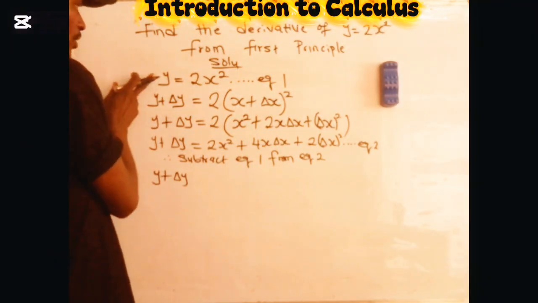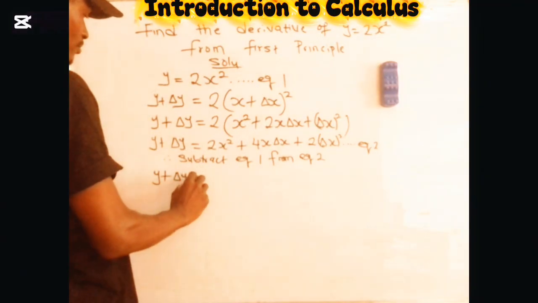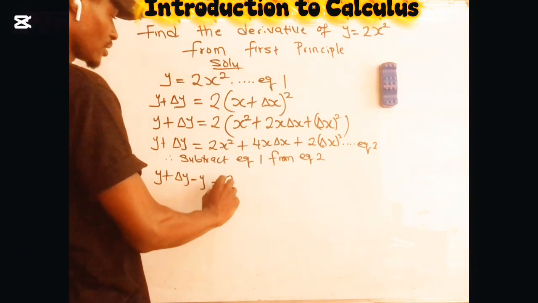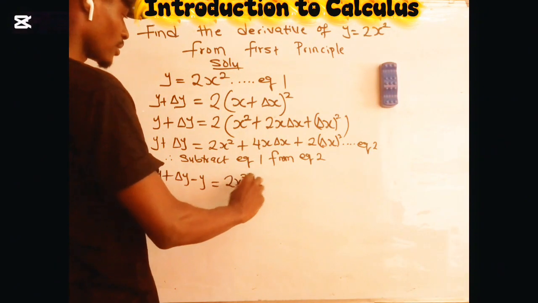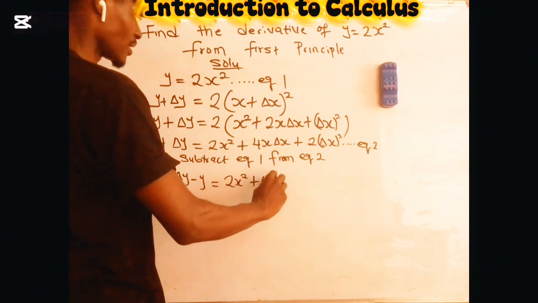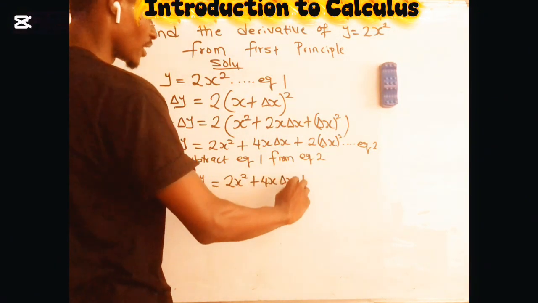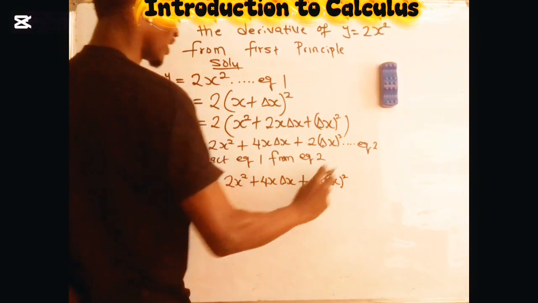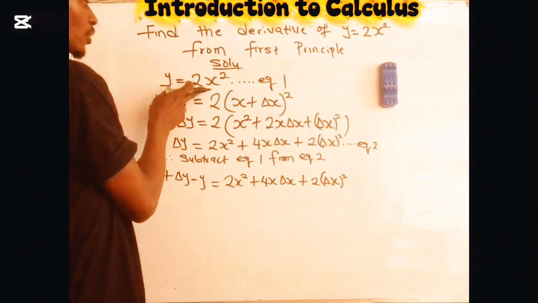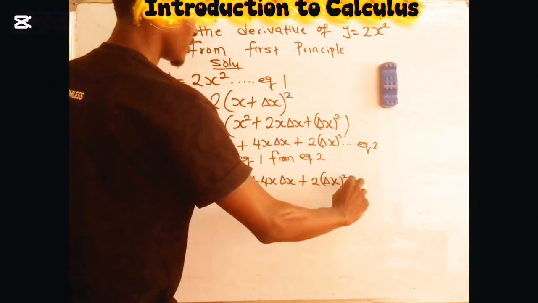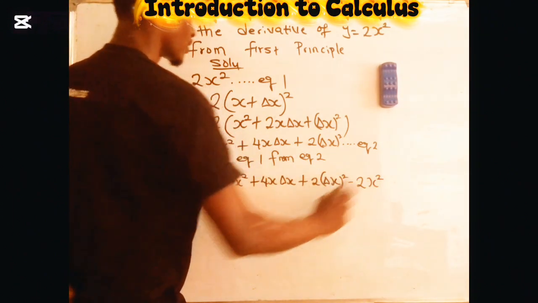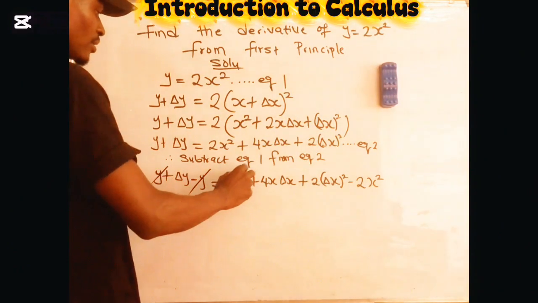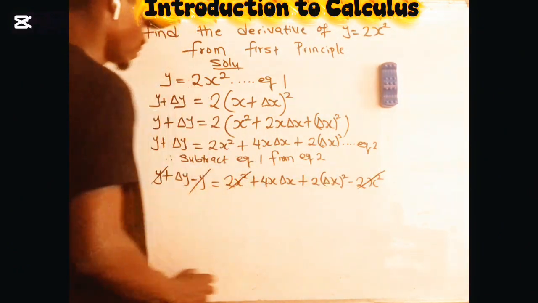From the left hand side, we subtract equation 1, which is minus y, to be equals the right hand side 2x squared plus 4x changing x plus 2 changing x squared. Subtract equation 1 as well, which is negative 2x squared. Positive y cancel negative y. Positive 2x squared cancel negative 2x squared.